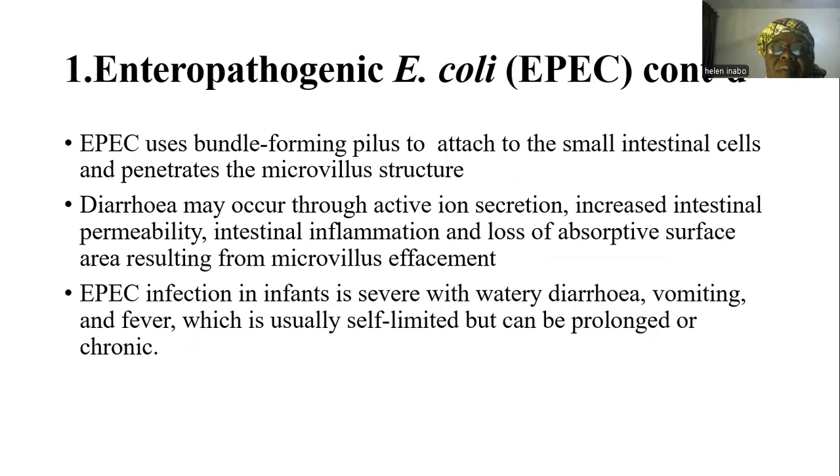Enteropathogenic E. coli uses bundle-forming pili to attach to the small intestine and penetrates the microvillus structure. Diarrhea may occur through active ion secretion, intestinal inflammation, increased intestinal permeability, and loss of absorptive surface area resulting from microvillus effacement.